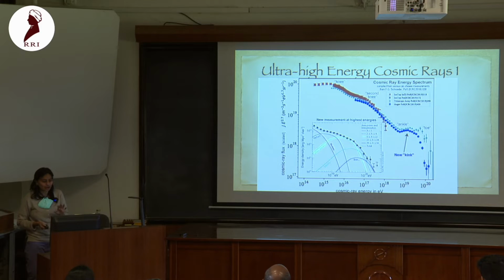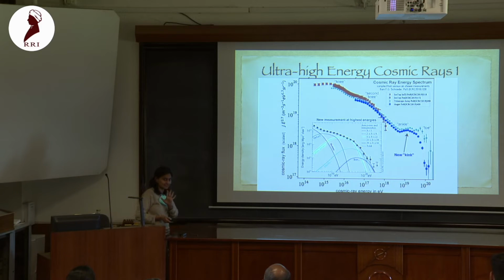So this is the cosmic ray spectrum, the ultra high energy cosmic ray spectrum. You can see these are the particles detected near 10^20 electron volts. There are large error bars, but the flux is like that.